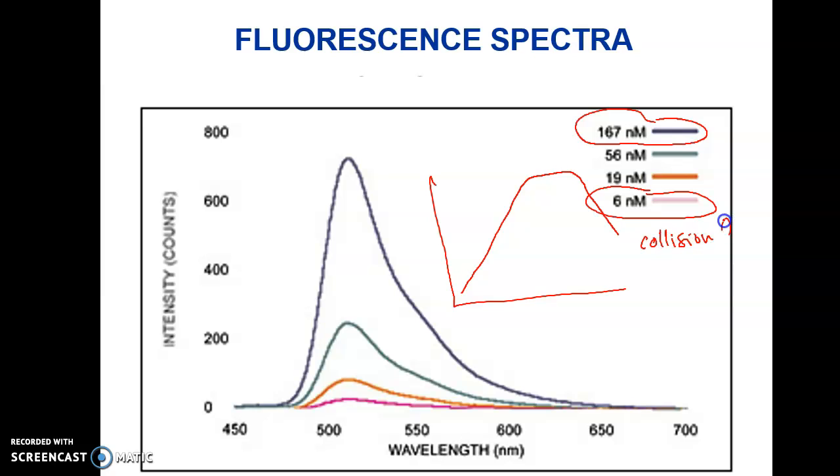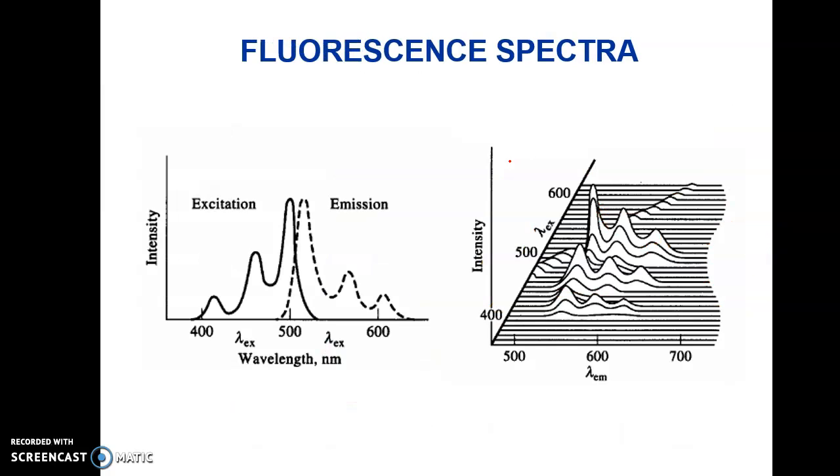Collision frequency increases, and then the conversion is also increased. Therefore, you decrease the fluorescence. So this is increasing up to a certain range only. That's why it's very important for you to do a graph. Okay, spectra over here, the same thing.